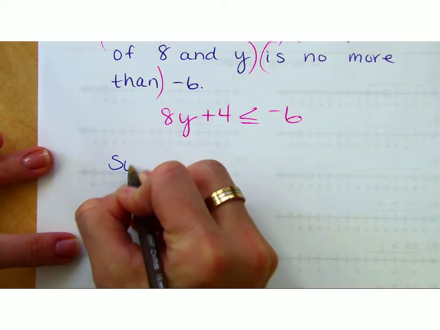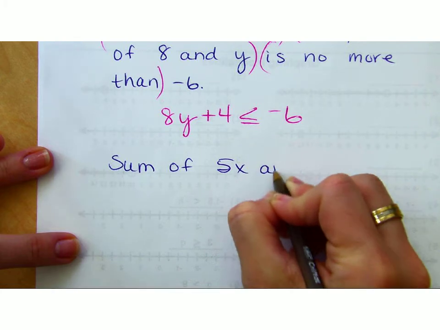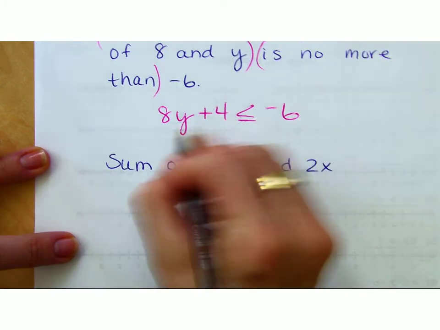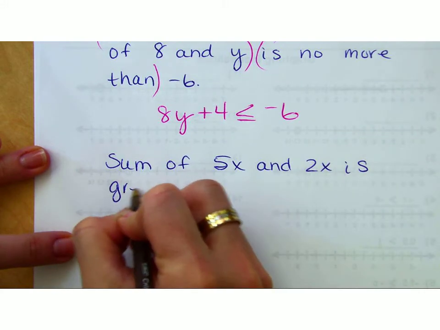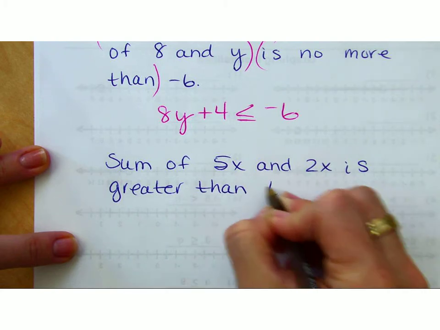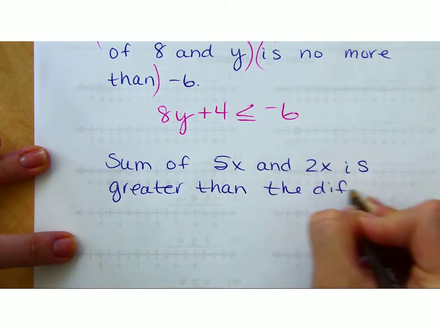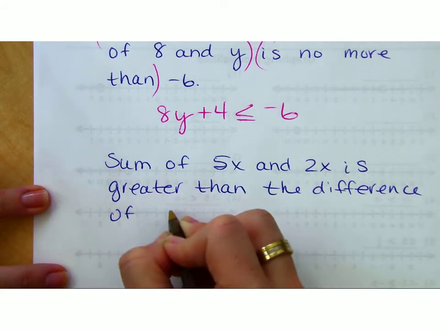The sum of 5x and 2x, and then you would solve that, by the way, is greater than the difference of, this is an interesting one, 9x and 4.